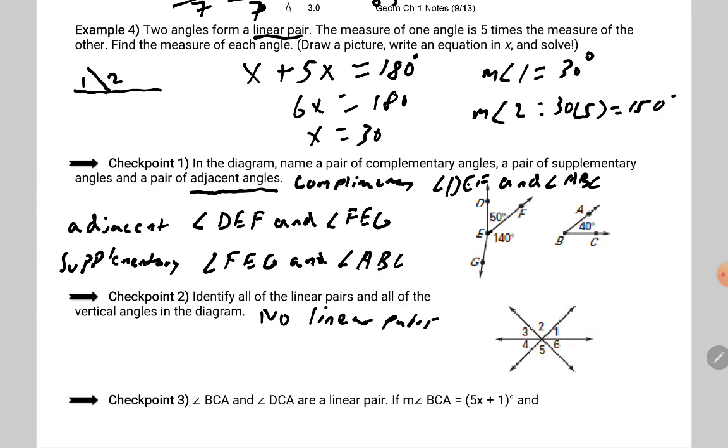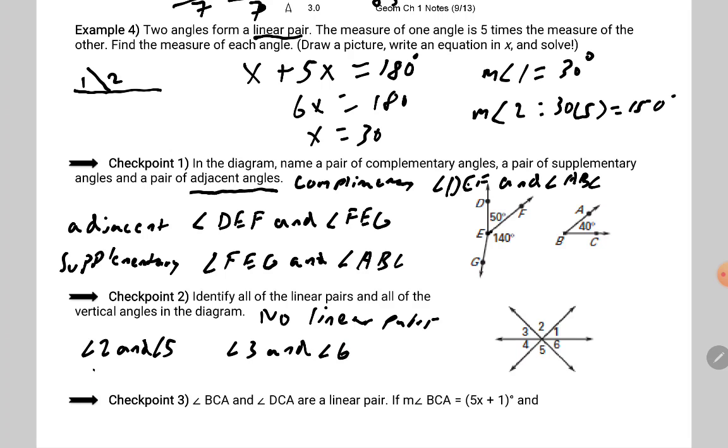But we do have a ton of vertical angles. We have angle 2 and 5. So we have an intersection here, and then opposite of the intersection is our vertical angles. 3 and 6. So notice how I'm always writing the angle symbol.